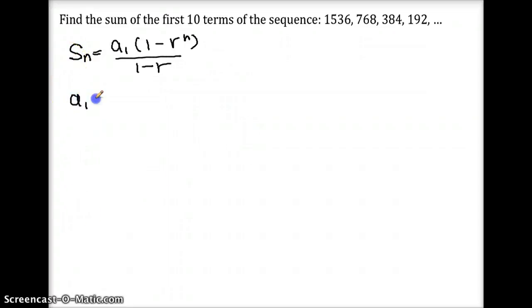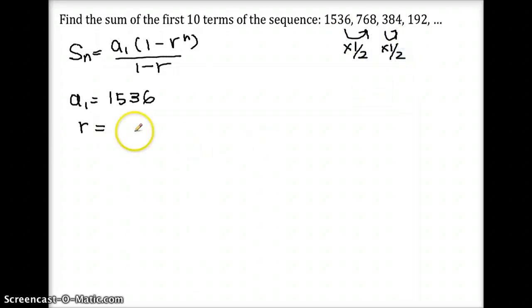So a sub 1, the first term of the sequence, is going to be 1,536. And r, the common ratio, we're dividing by 2 each time here, which is the same thing as multiplying by 1/2. So the common ratio is 1/2. And n, we want to find the first 10 terms, so I'm going to make that 10.